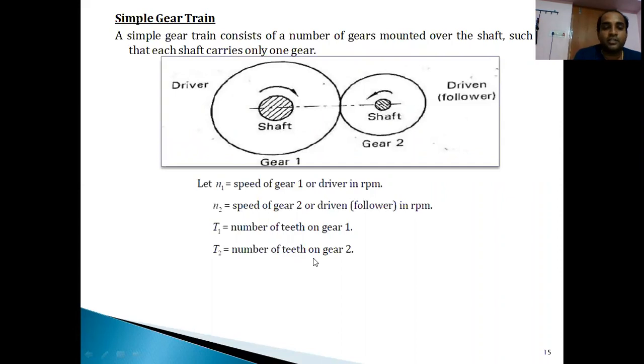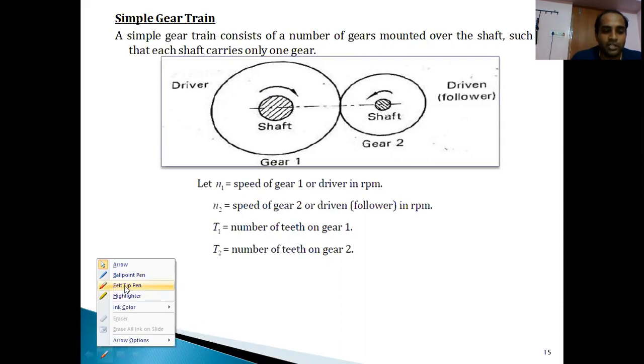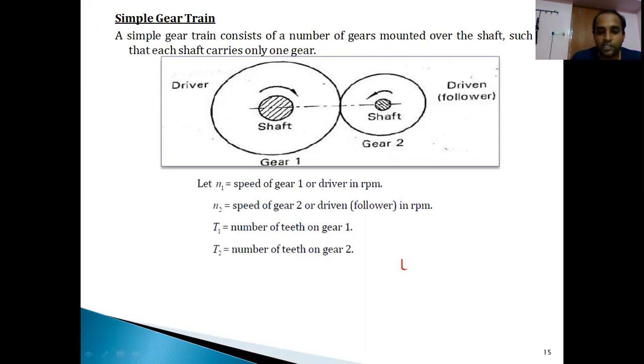Now, the simple gear train. A simple gear train is a gear train where any number of gears are mounted over the shafts such that for each shaft, you can see here, there is only one gear.